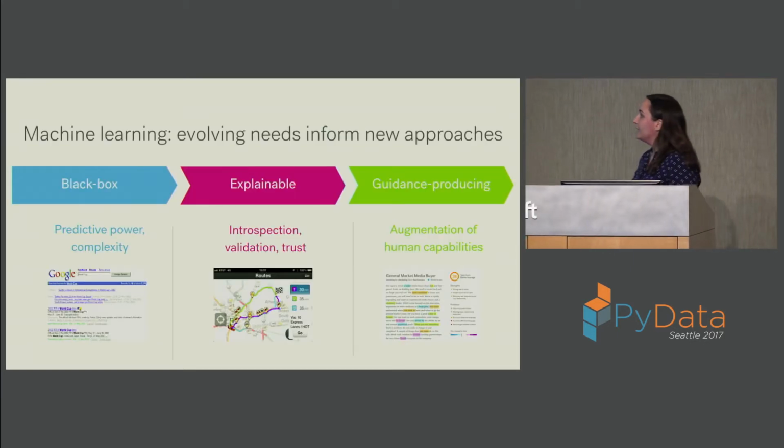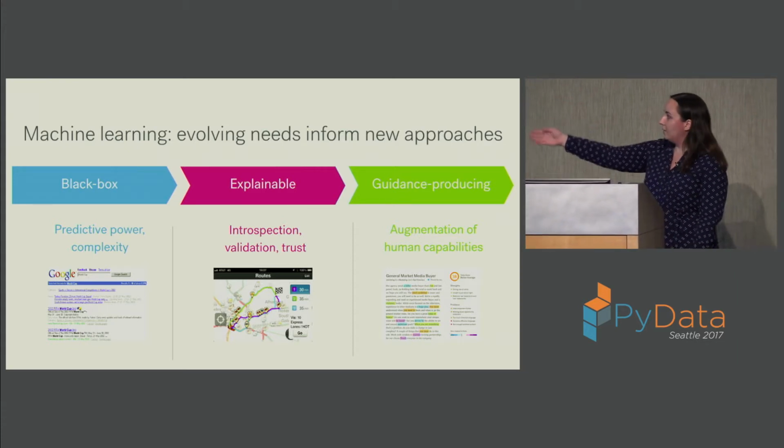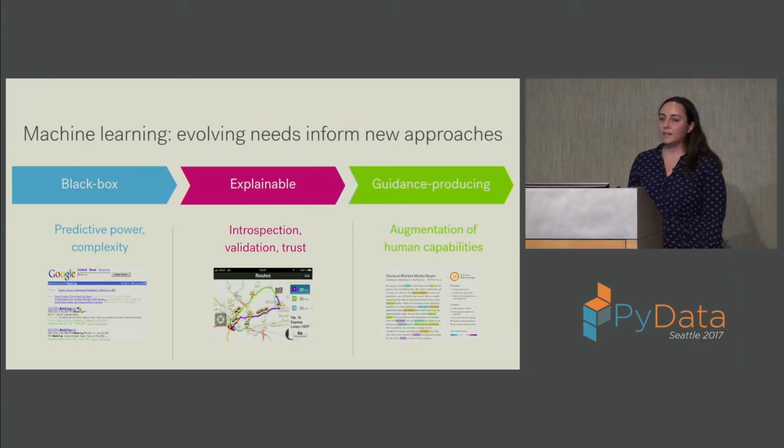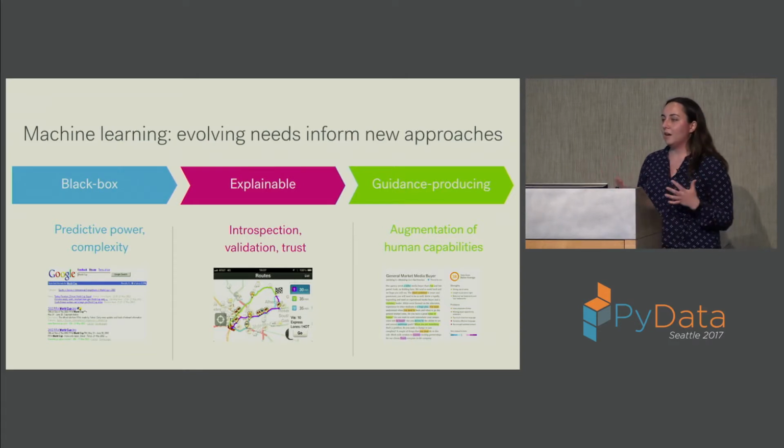So to frame this, I want to talk about some different styles of machine learning that we've seen over the years. I think when a lot of people think of machine learning, they think about the one on the left here, the black box style. The idea is that with all the processing power that we have, we want to let our models become as complex as they need to be to be most predictive.